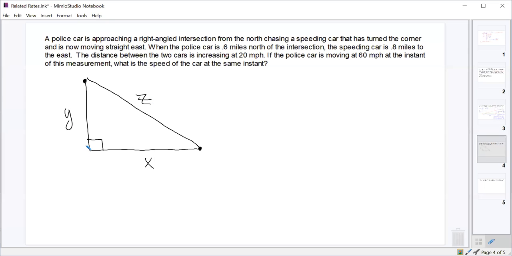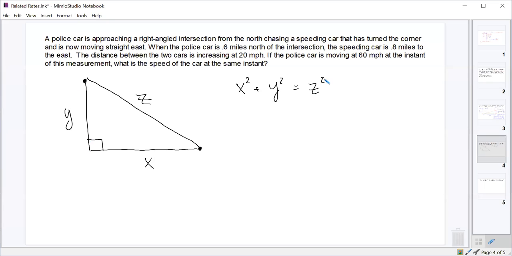How can you relate the two legs and the hypotenuse of a right triangle? Pythagorean theorem. There we go. Okay. So x squared plus y squared equals z squared. And then let's talk about what x, y, and z and their rates of change all are.